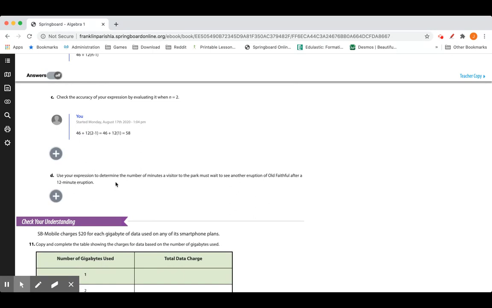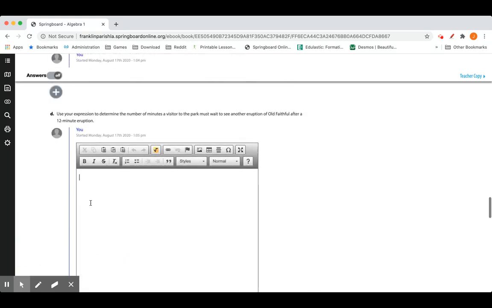D, use that expression to determine the number of minutes a visitor to the park must wait to see another eruption of Old Faithful after a 12-minute eruption. We're just going to plug in 12 this time.